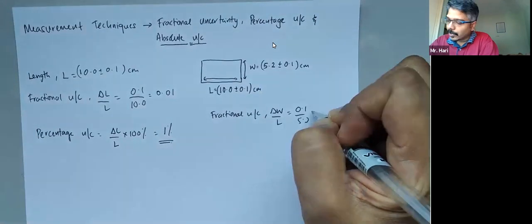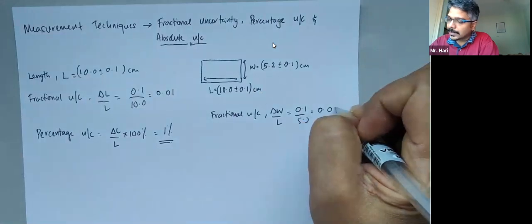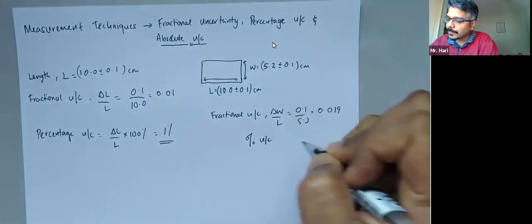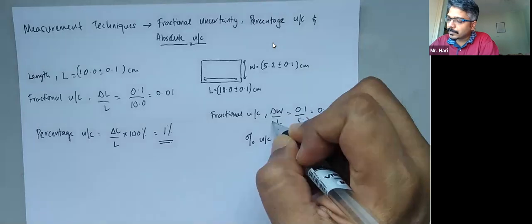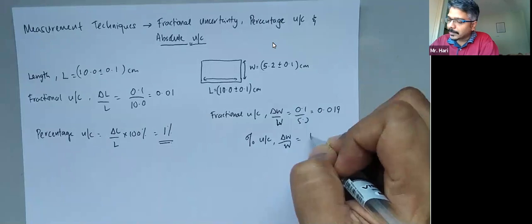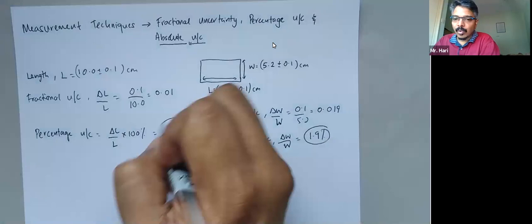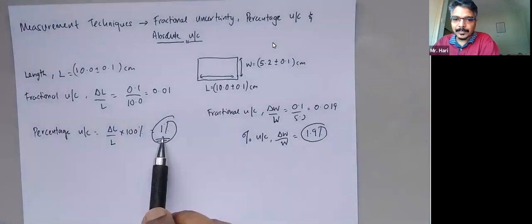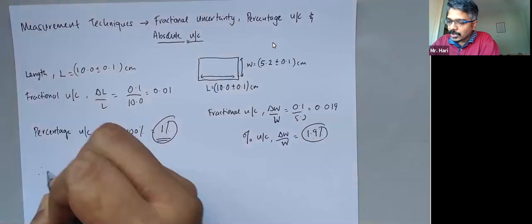You will get 0.019, and the percentage uncertainty for the width is 1.9%, which is more than the percentage uncertainty for the length.